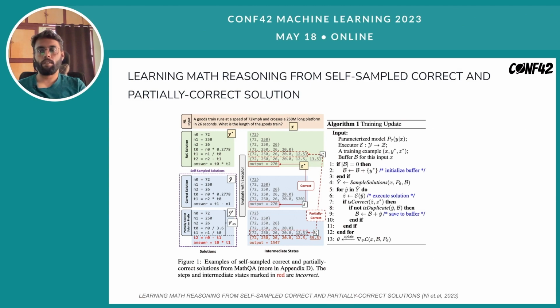Here the authors use an LLM. I think in this case they have used the GPT Neo 2.7 billion model. For a given set of questions, they ask the model to generate a solution, a Pythonic solution, and then they evaluate the answer.